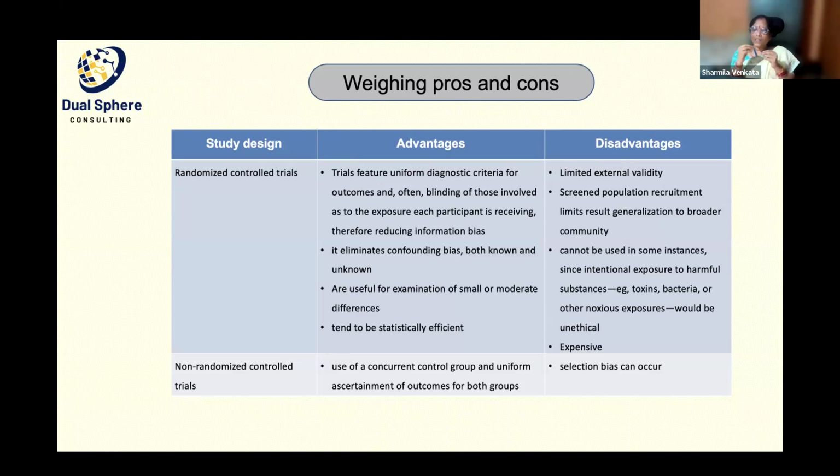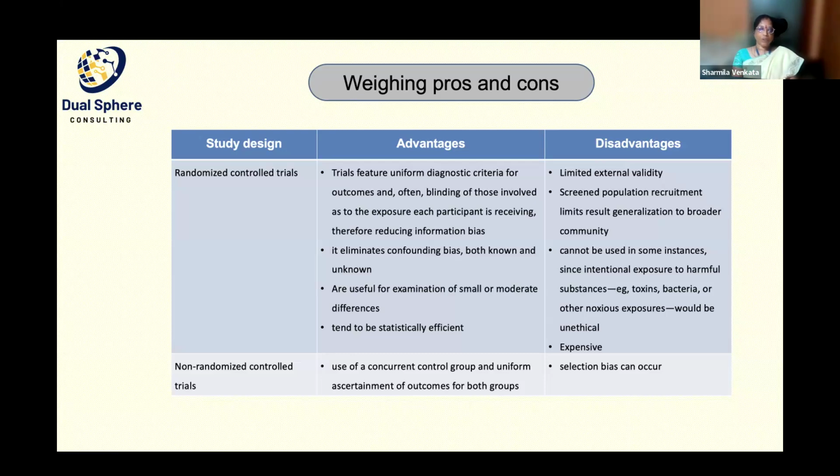Recruitment is highly screened, limiting variability. RCTs cannot ethically be used for harmful exposures, for example, forcing participants to smoke, and they are expensive, requiring years of follow-up and large infrastructure. So RCTs are powerful, but sometimes disconnected from everyday practice. Keep this in mind.